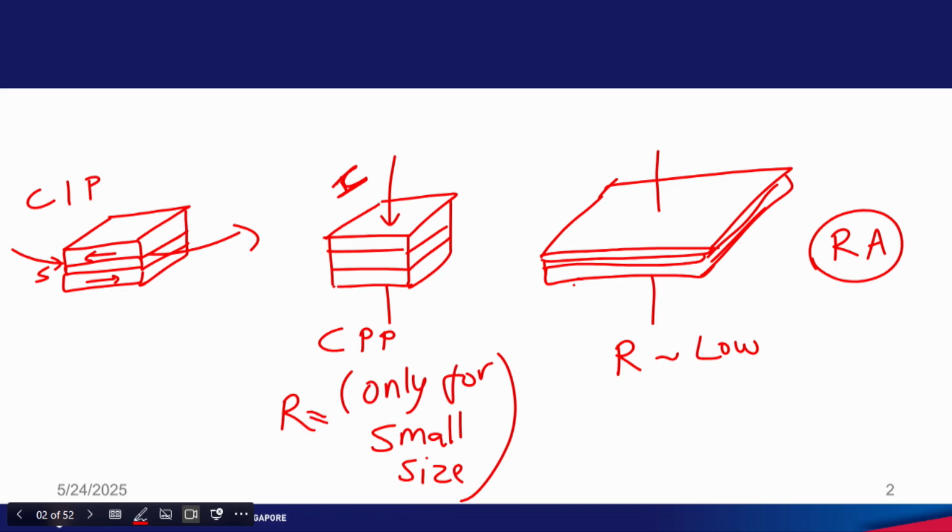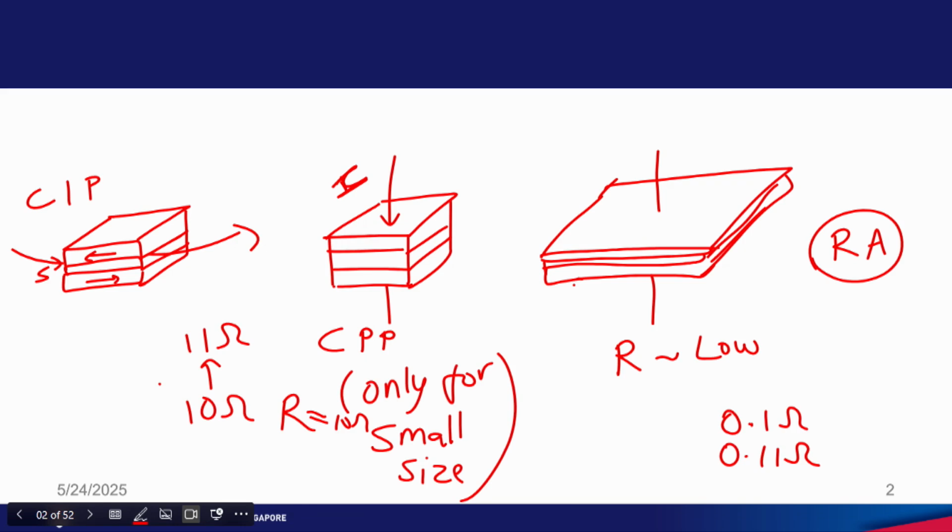If the GMR is 10%, your resistance will go from 10 ohm to 11 ohms. That is reasonable, but in this case, for example, the resistance may be like 0.1 ohm or 0.01 ohm, then the change will be only 0.1 to 0.11 ohm, something like that.